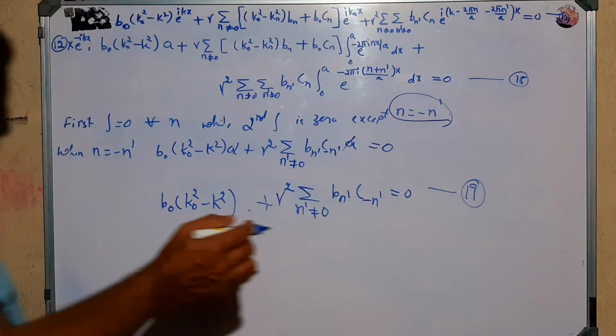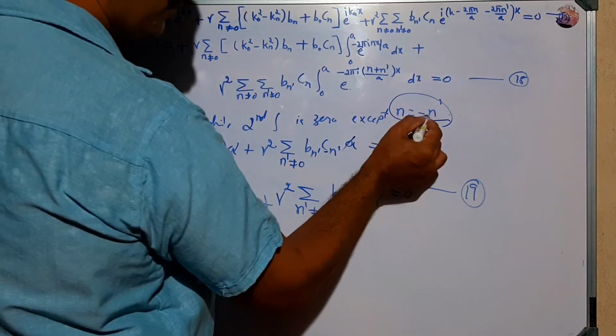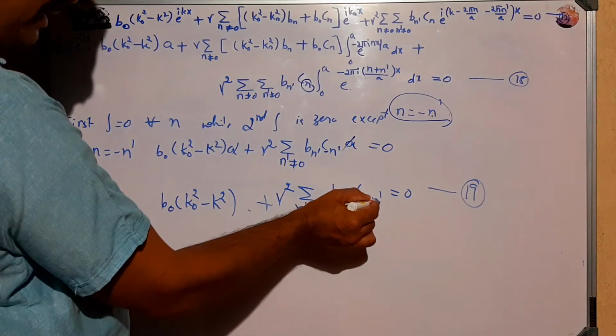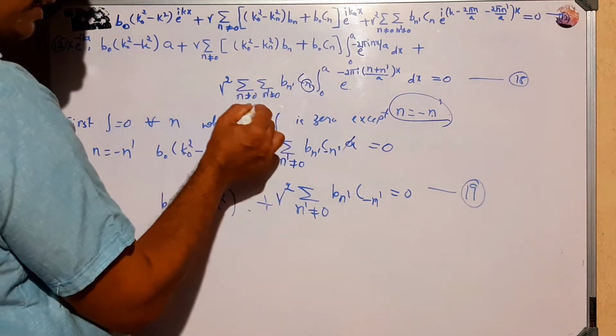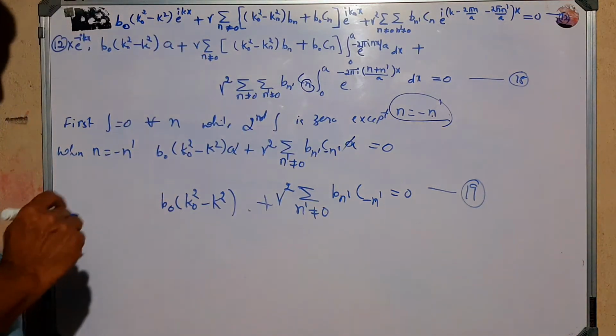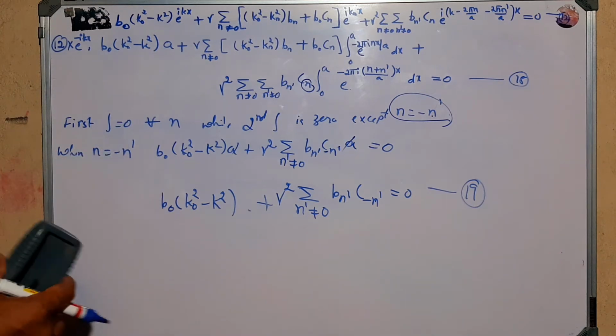How are you getting this? See here, you have to substitute n is equal to minus n dash. N is replaced by minus n dash. Since n is equal to minus n dash, two summations reduce to a single summation sign. Okay. This is the equation number 19.